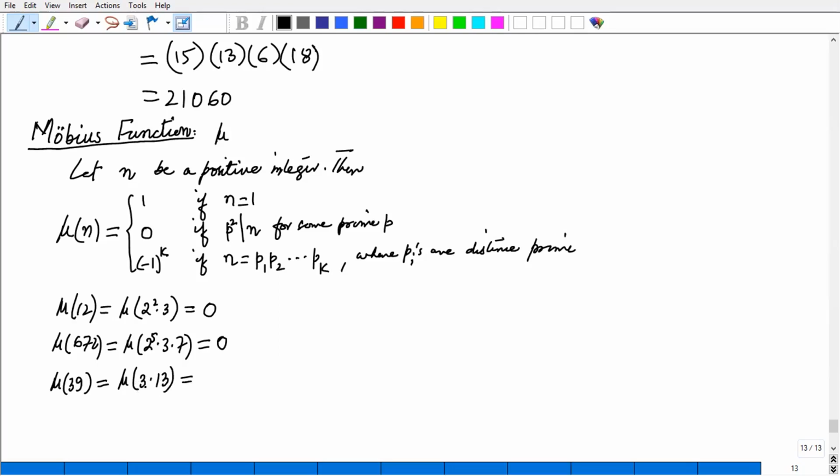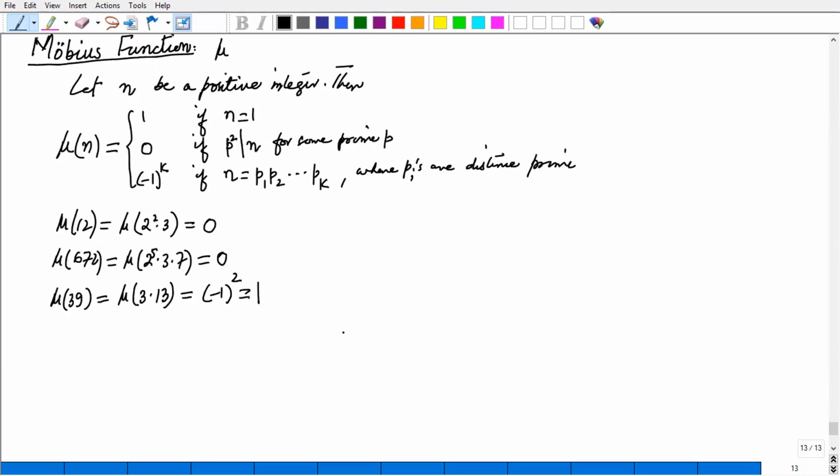We have two factors here, so here we should apply the third definition. So k is 2 here. So minus 1 to the power k, with k equal to 2, minus 1 to the power 2 is plus 1. So mu of 39 is 1.